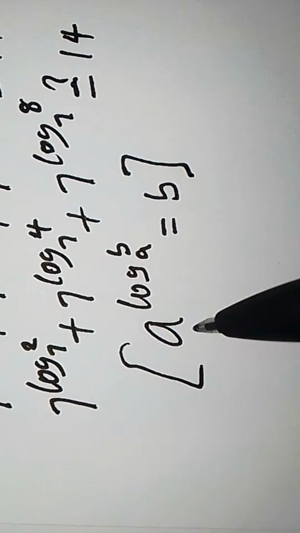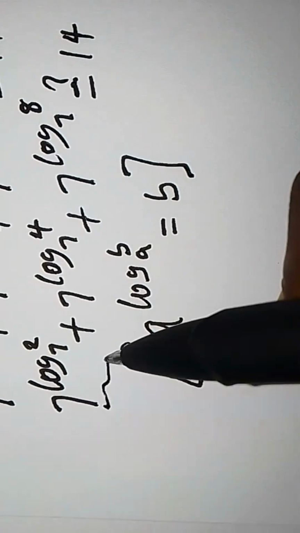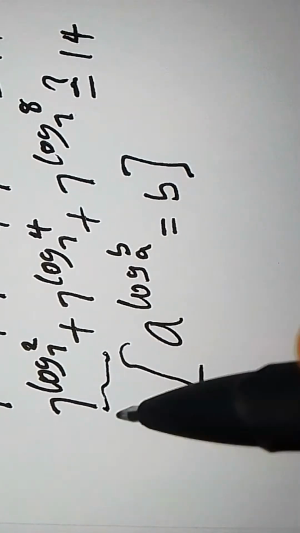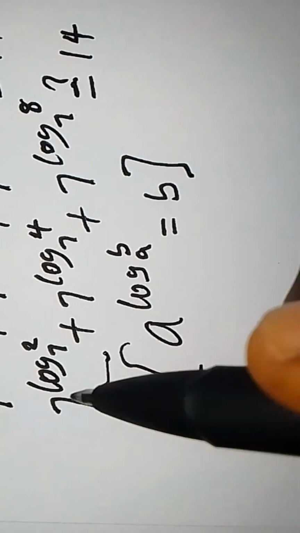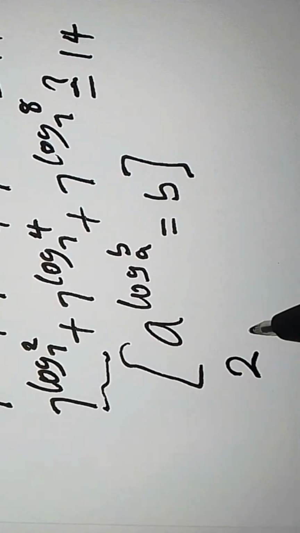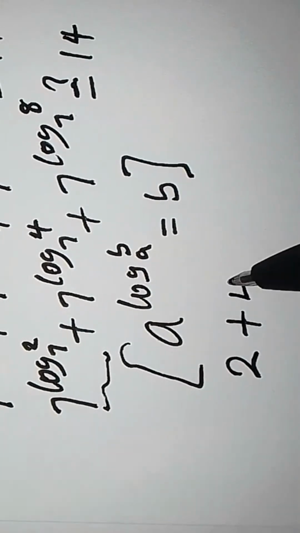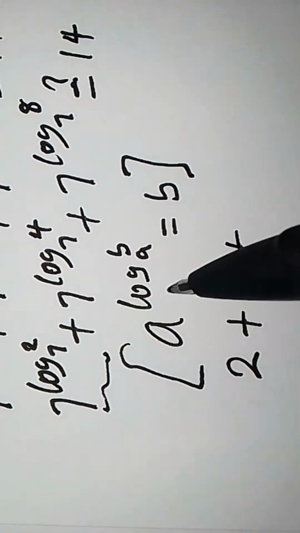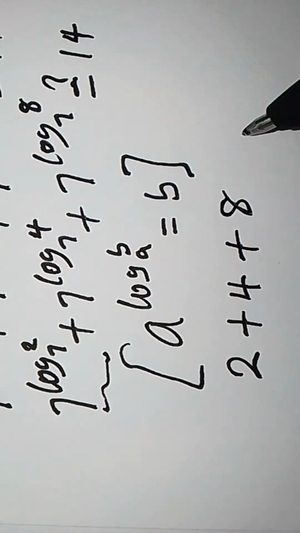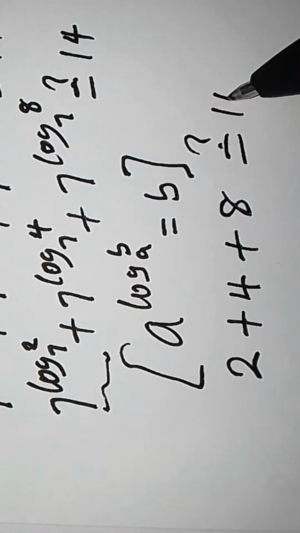So applying this property to this first one, you will see that our a is 7. So this guy becomes 2 plus, applying this property also to this guy, we have 4 plus, applying this same property to this, we have 8. And we claim that this is equal to 14.